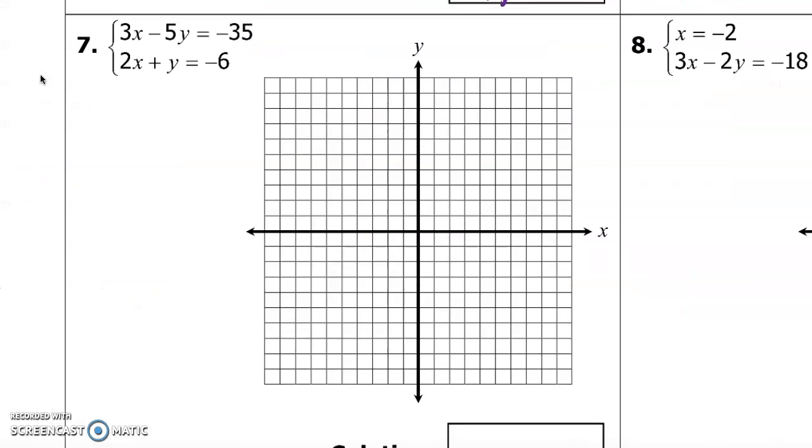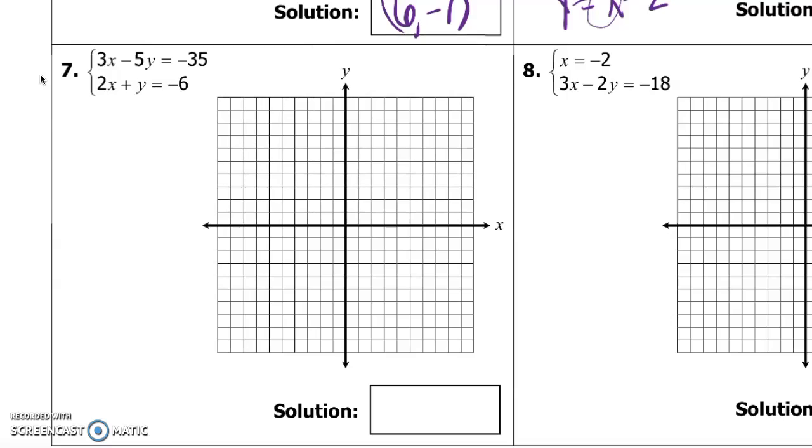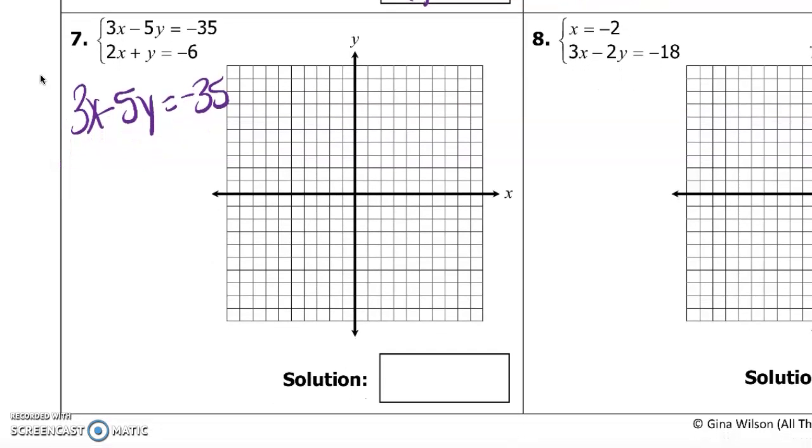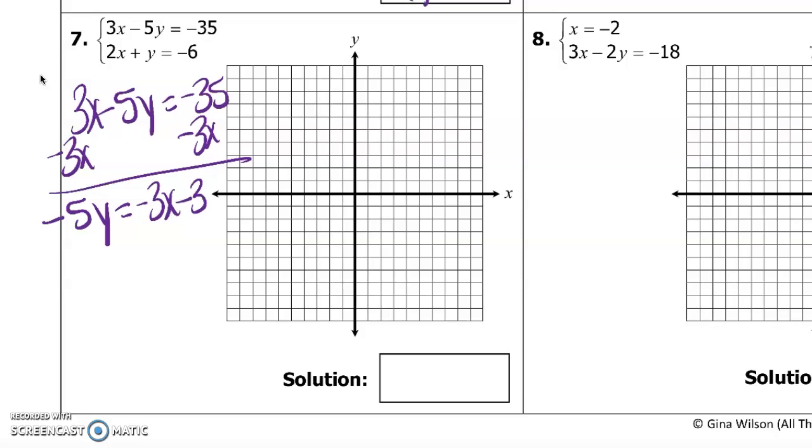For number 7, for the top one, you will have to solve for y. I'm going to rewrite it. So first we need to move the x over, so subtract 3x. Negative 5y equals negative 3x minus 35.